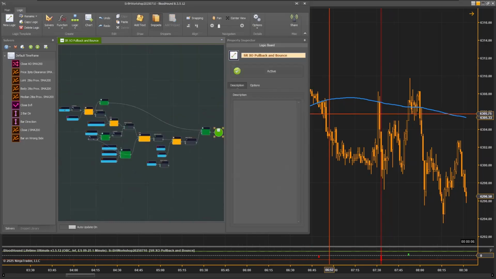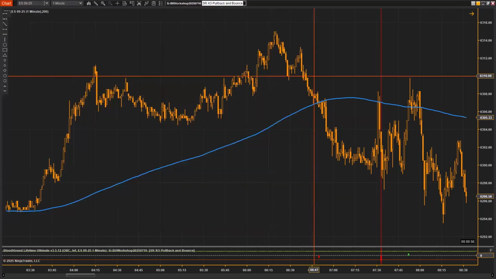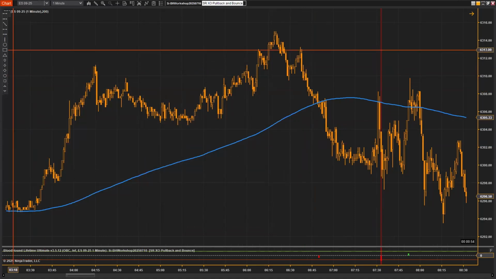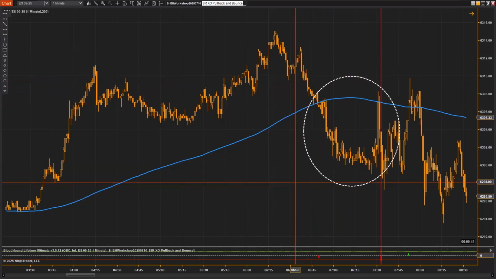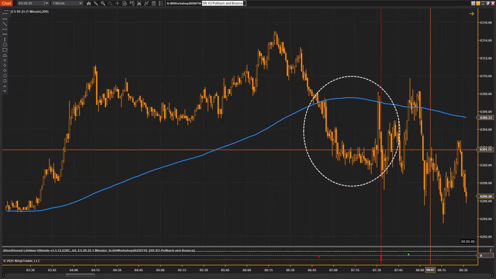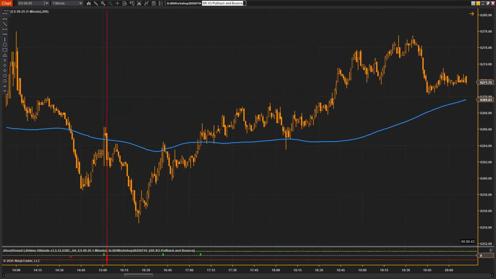So now that we extended this pullback period to at least 30 bars, we should now go back through the chart and see if we introduced any problems.